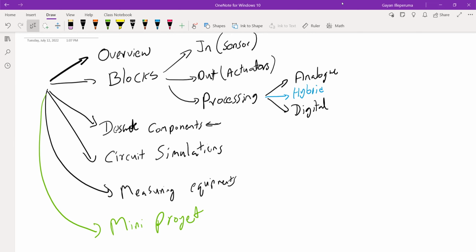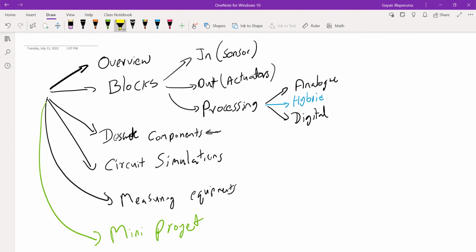For example, in a particular session, I might teach you a little bit about one type of sensor, one component of analog electronics, and maybe a little bit about either a measuring equipment or circuit simulation. That way it becomes less boring, and you get a feeling of how the components are put together. It's not like we are going to finish all the sensors, then finish all the actuators, then go into analog and then go into digital. It's basically running in parallel.